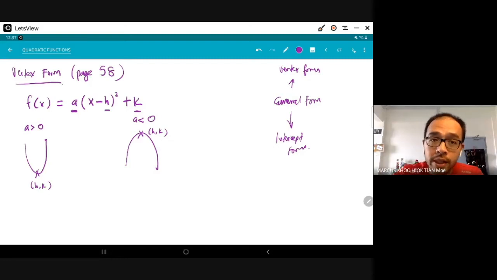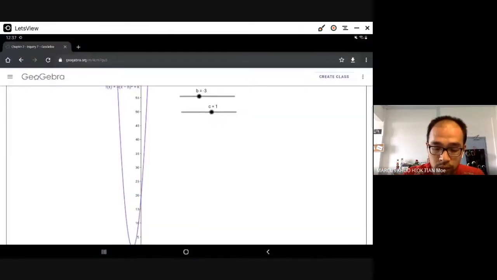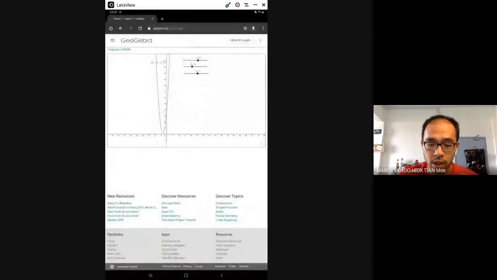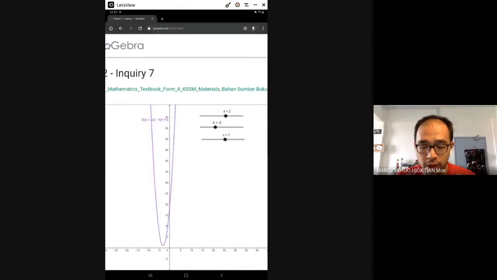So the first thing yang saya mau beritahu dengan kamu is macam mana kalau kita ubah nilai A, nilai H, and nilai K. What happens to the graph? This one I want to show you. Sorry, I need to make this way so it's easier to see. So you have this graph like this, where A equals 2, B equals negative 3, and C equals 1.